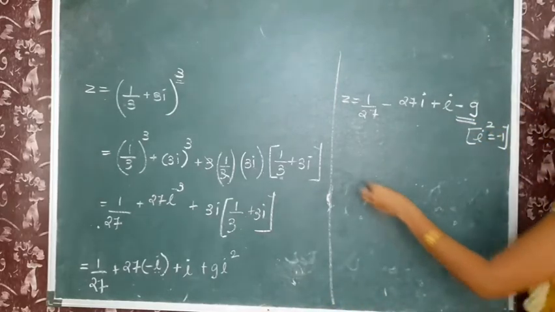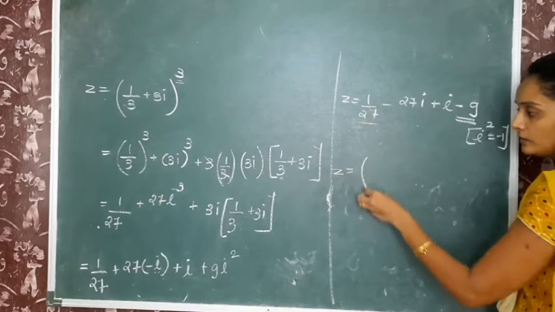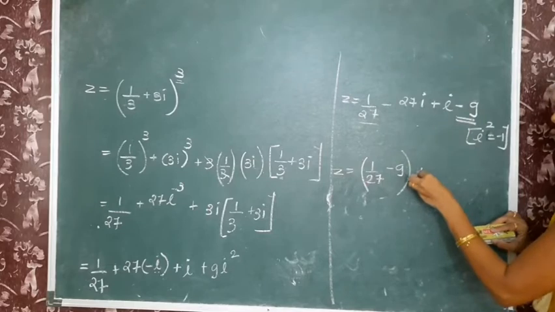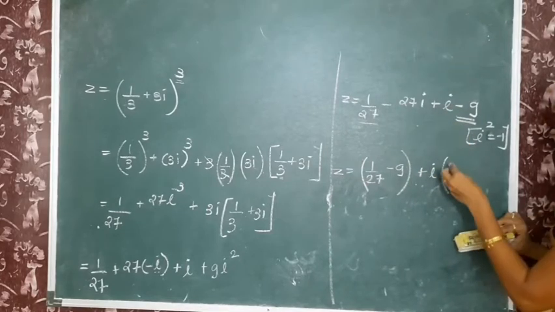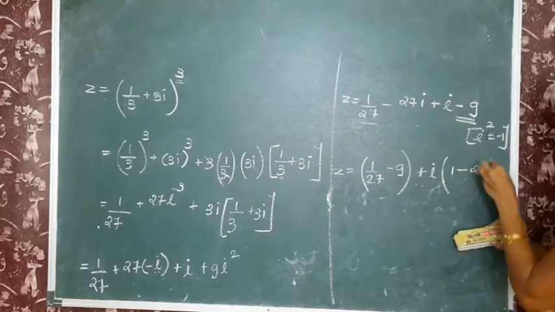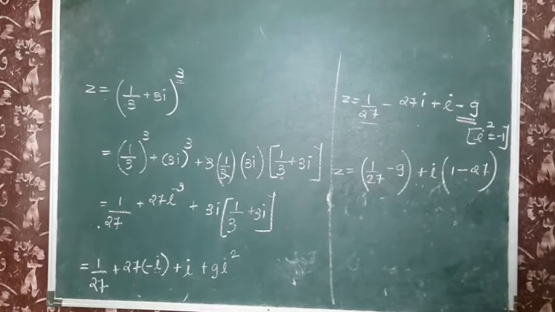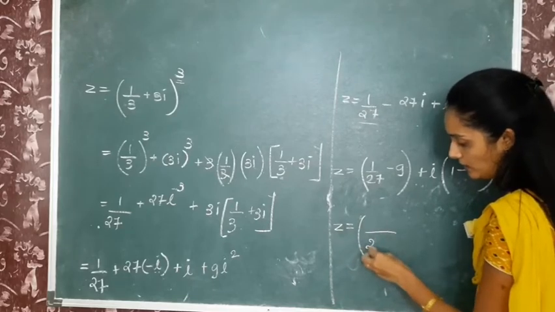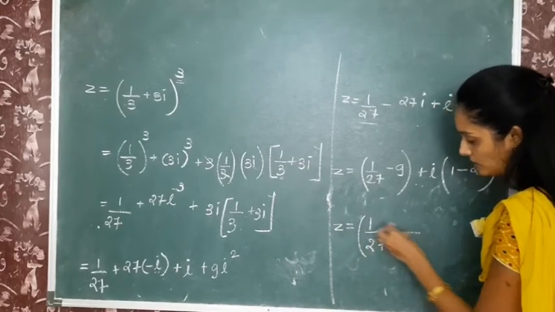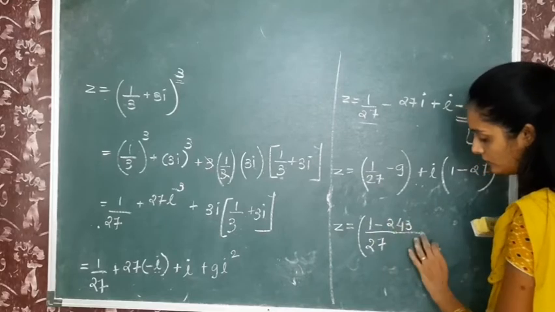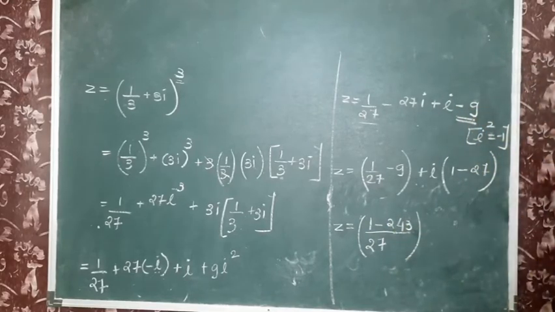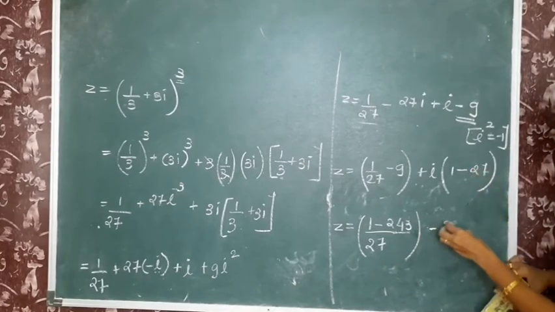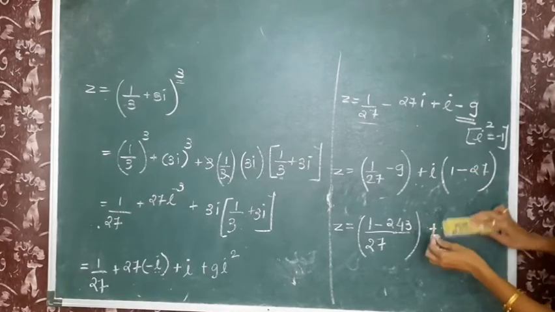Now like terms are 1 upon 27 minus 9 plus i. So here 1 minus 27. We can take 27 as LCM, so here 1 minus 243, plus i.